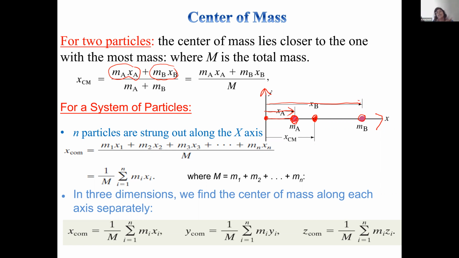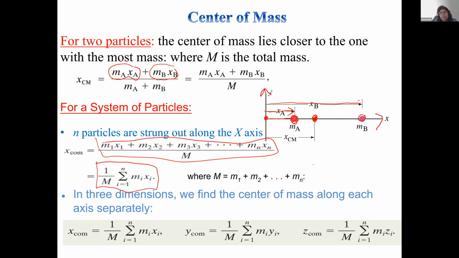If you have many, many masses, you just keep adding them with the distance. That will be the same for the y-axis and z-axis, right? Now, this addition, m1 x1, m2 x2, I can write as a compressed version by writing the summation sign. Summation means you are adding from i equals 1 to n.